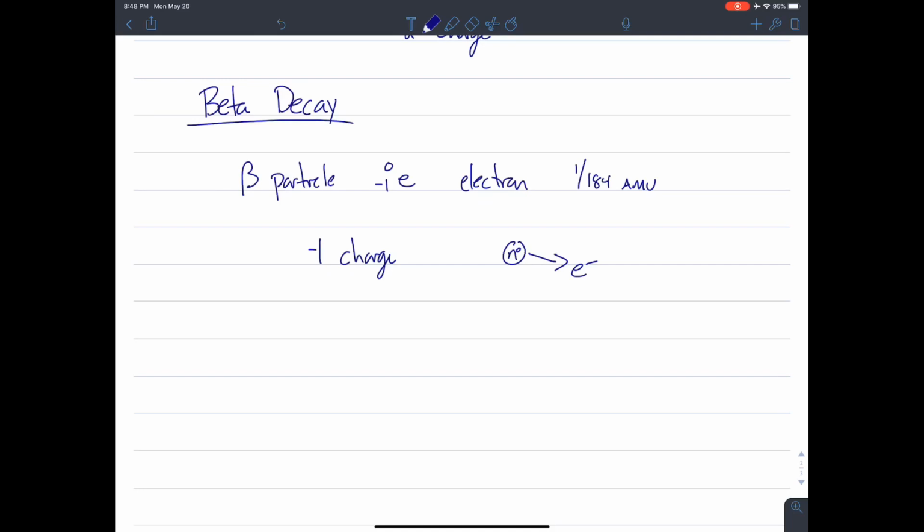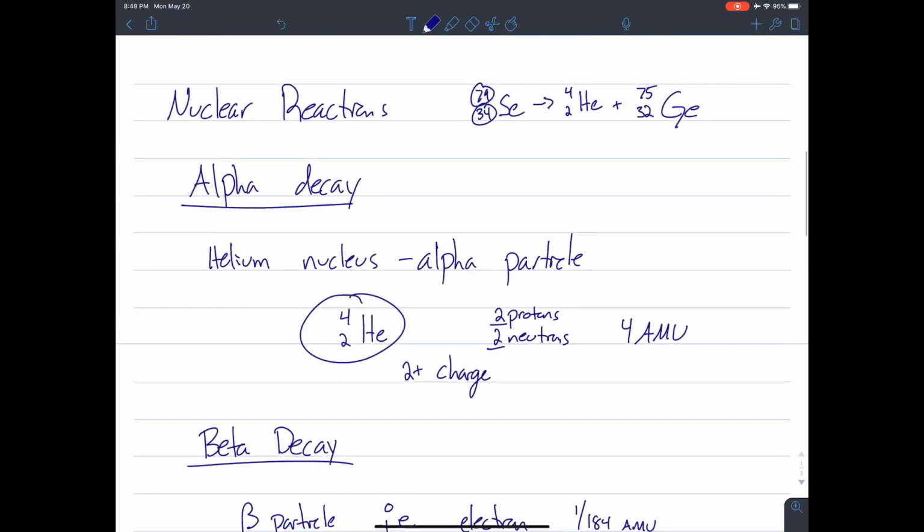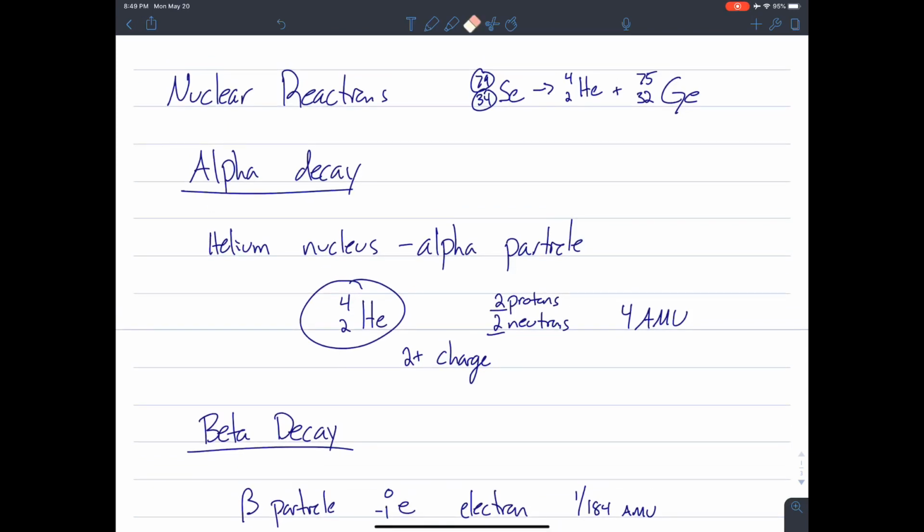So if we consider this something with positive and negative charge in it, and it shoots out negative charge, what's left? Well, it becomes a proton. So when you have beta decay, let's look at selenium again. If this selenium, instead of alpha decay, was undergoing beta decay, so it's giving off a beta particle, now it's gaining a proton, right?